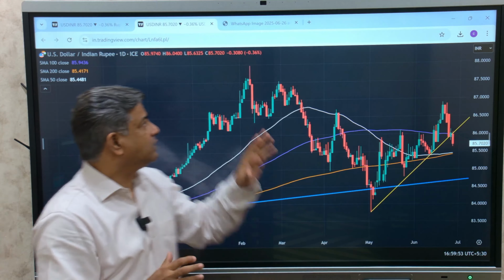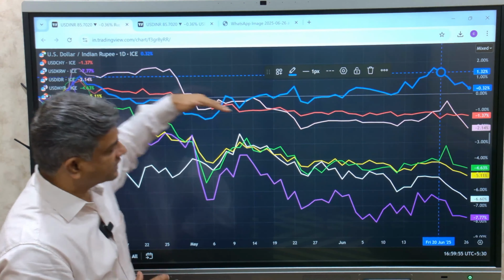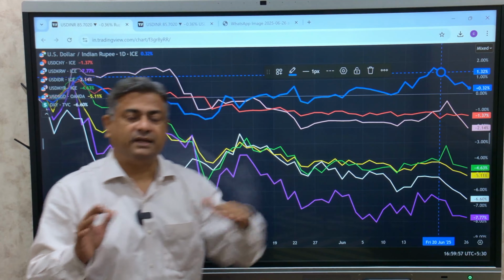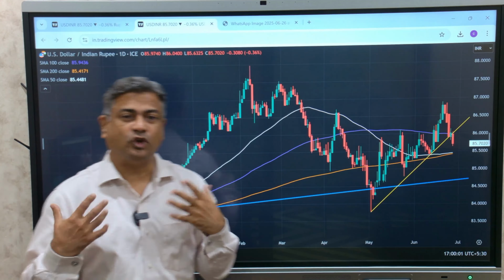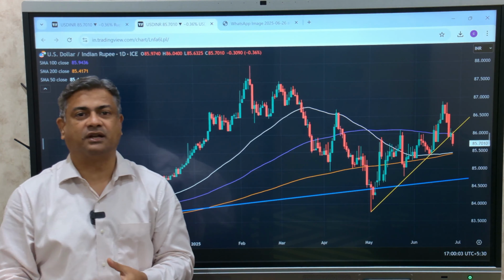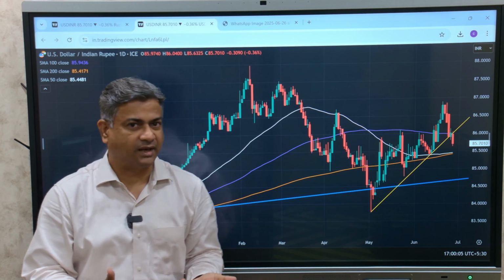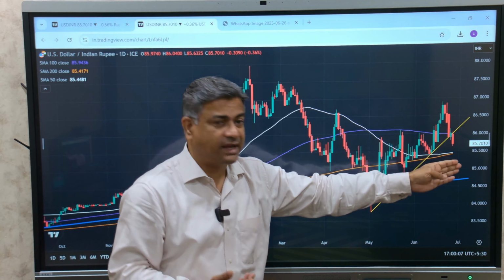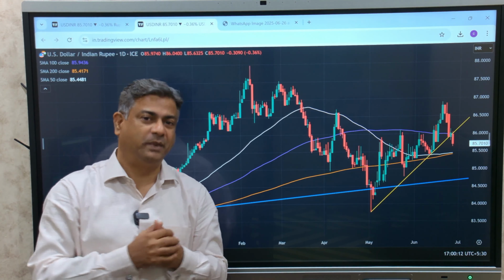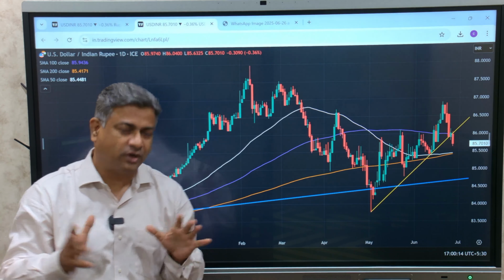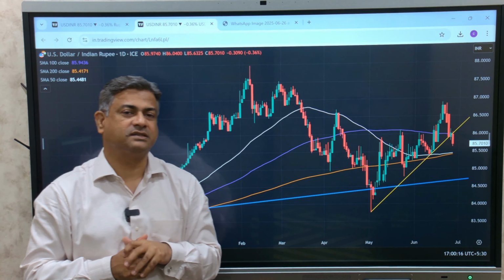Now see, dollar index, as I showed you in this chart, is heavily down. DXY is at multi-year lows. So what does that mean? If dollar is lower and weaker, all the other currencies should gain. Rupee has just gained a bit, which tends to indicate that it might gain a bit more. I'm sure importers will get better chances to hedge.